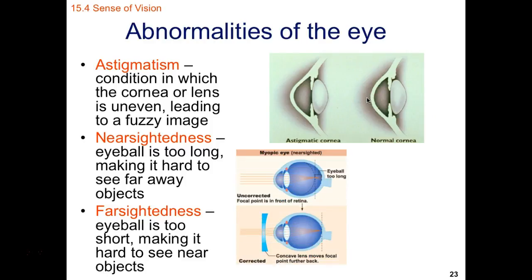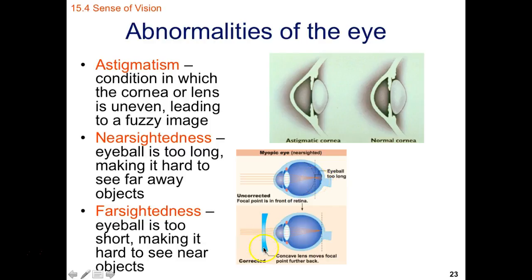Nearsightedness is also called a myopic eye, and this is when our eyeball is too long. So what happens is that focus area that's supposed to land on the retina lands short, and so the proper image isn't being projected on the retina, and so we see something as being fuzzy.